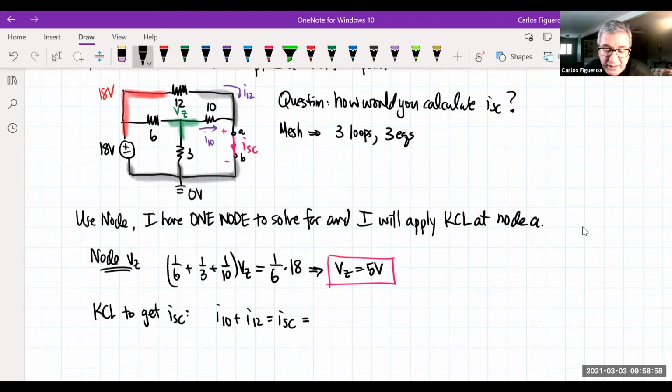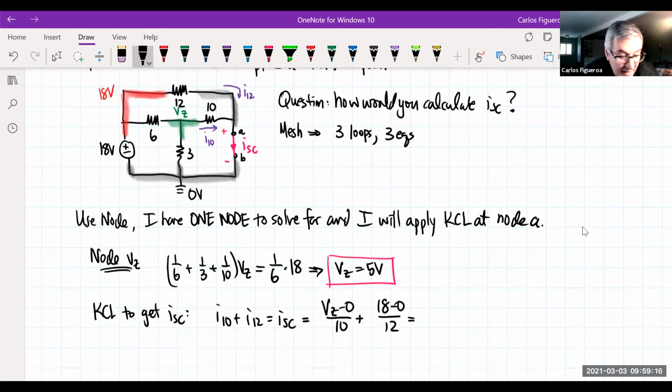So what's I10? You could see that I10 is going to be VZ minus 0 over 10, and then I12 is going to be 18 minus 0 over 12.